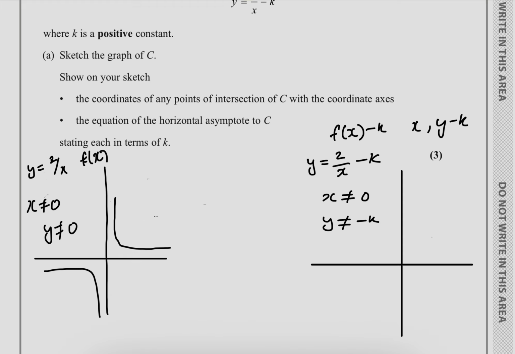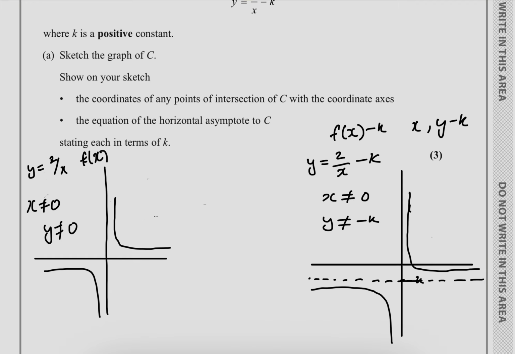So since we know that it is a positive constant, the minus k, if there's a 0, it's going to go down. Over here, let's just assume this is minus k. Draw a little asymptote line, and then it's going to be about the same. It goes down like this. Apologize, my drawings are not the best.